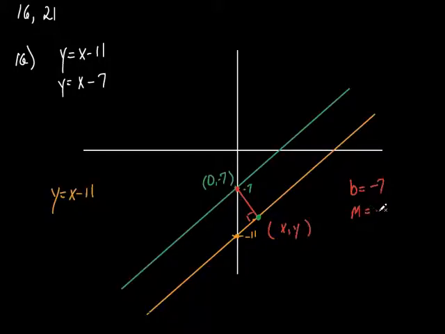So the slope of the red one is going to be -1. Make sense? All right, so now I can easily find the equation of the red one. So y equals what? -1x, or you could just say negative x minus 7.